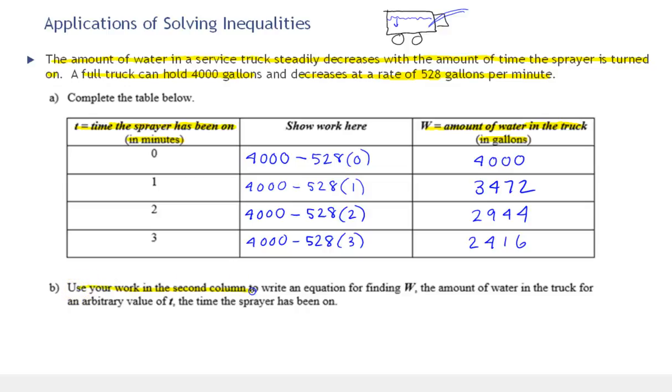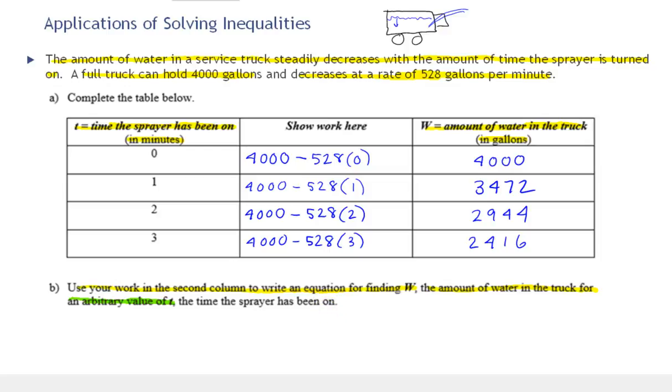Use your work in the second column to write an equation for finding W. So there's our second column. So we're finding an equation for W, where W represents the amount of water in the truck for an arbitrary value of T, the time the sprayer has been on.